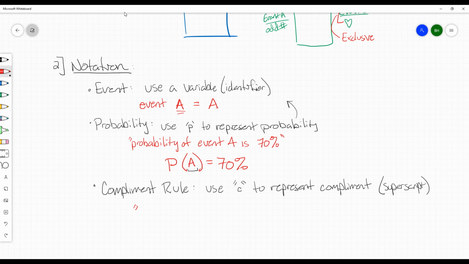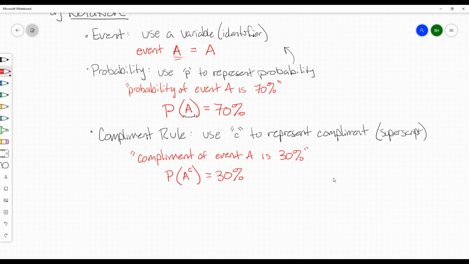And here we would look at this same probability A. So we'll say the complement of event A is 30%. So it's whatever the rest of the percentage is. So here if event A is 70%, the complement of event A would be 30%. So we'd have the probability of the complement of A. You'd write it up here, complement of A, is going to equal 30%. And that would represent your notation using the complement rule.